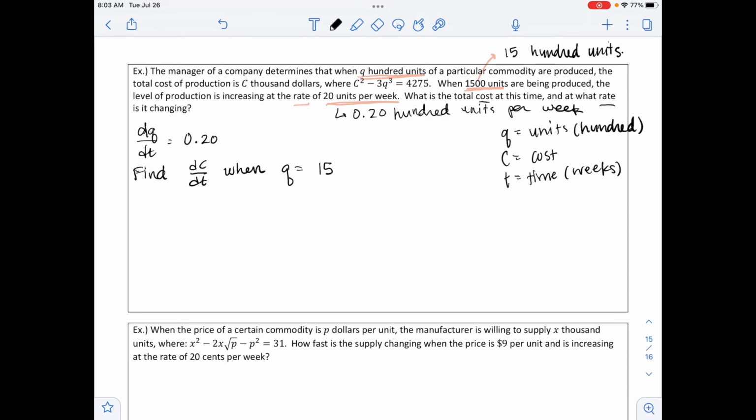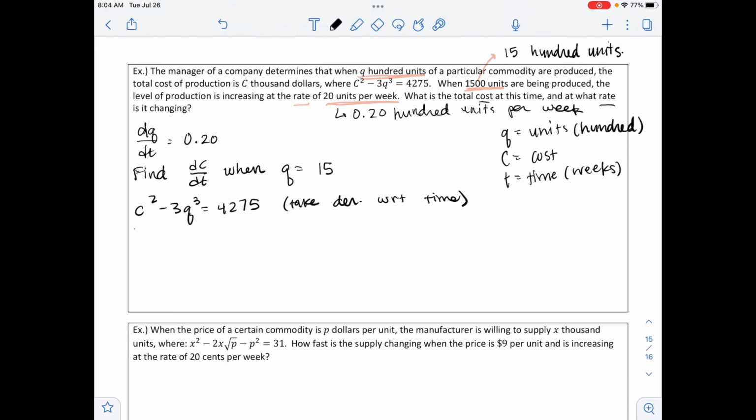So we know that Q is equal to 15, and I'm going to write down the formula that was given to us. We have C squared minus 3Q to the third equals 4,275. From here we're going to take the derivative with respect to time.